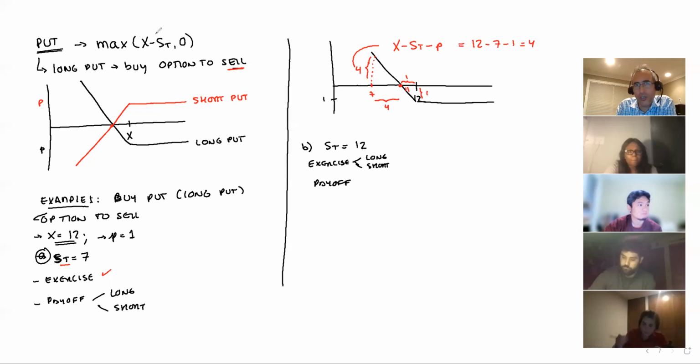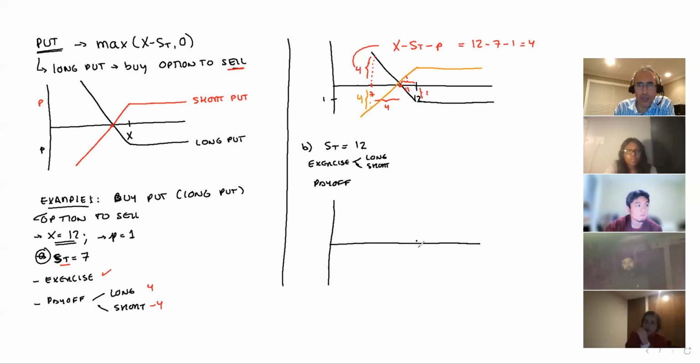Now, if the long is 4, the short is going to be minus 4. It's simply the mirror image. So the other guy is going to be like that. Make sense? Guys, everyone? Make sense to everyone? Yeah. Okay, perfect.